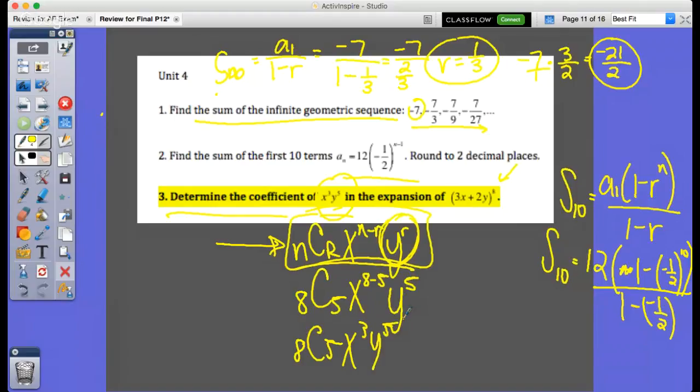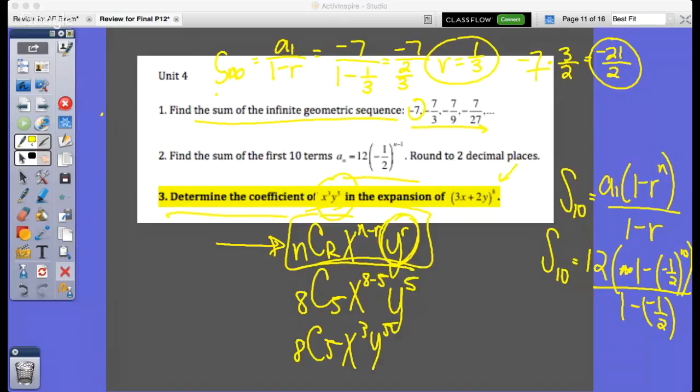Is everyone okay so far? All right, so now just on our calculator, this is something to keep in the back of your mind. Does anyone know how to find the nCr thing? Great. Nicely done. That's exactly right.